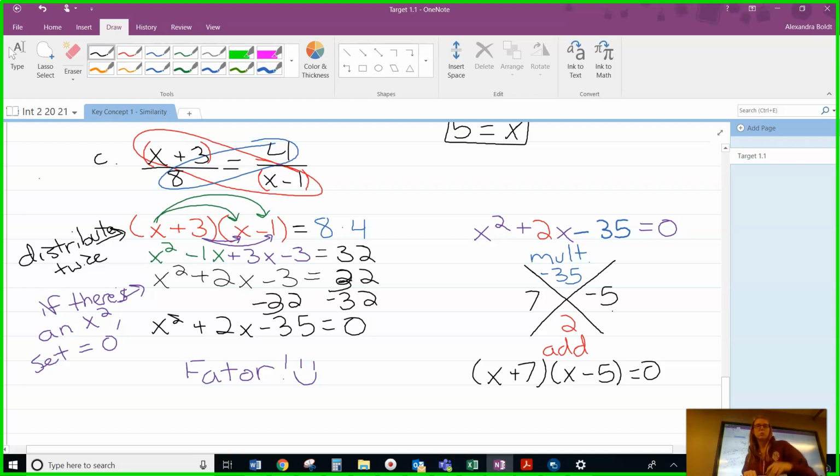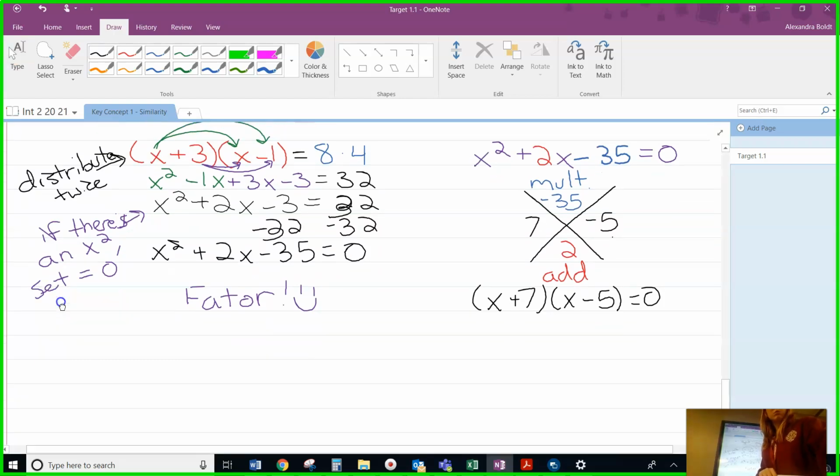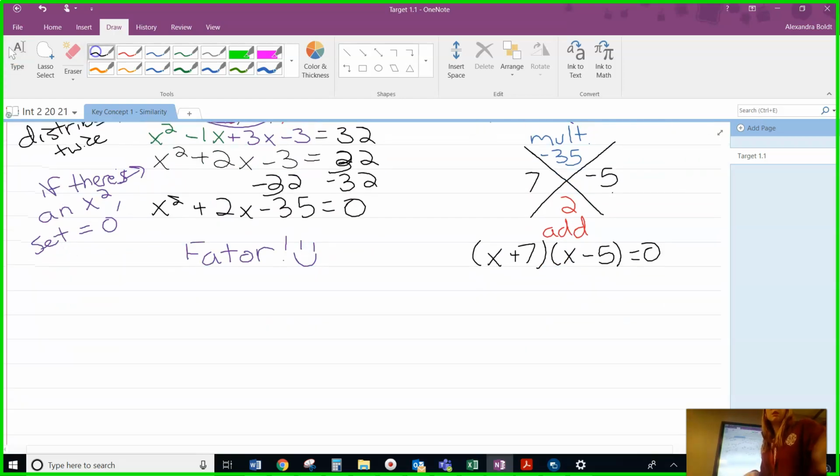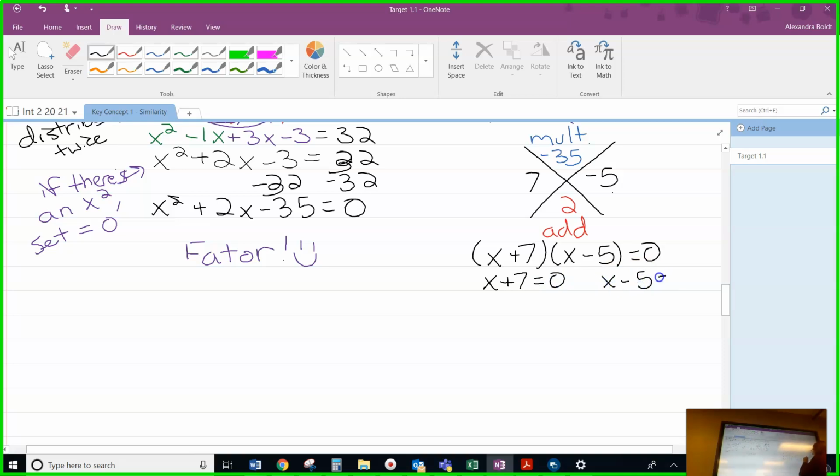And then our last step is we just split these apart. So we have x plus 7 equals 0 and x minus 5 equals 0. And then these are two separate equations.